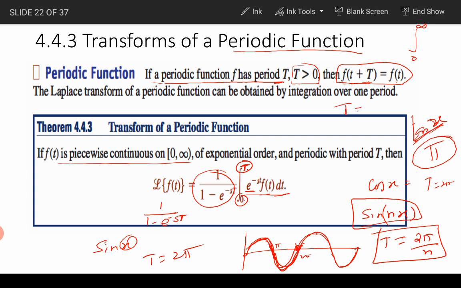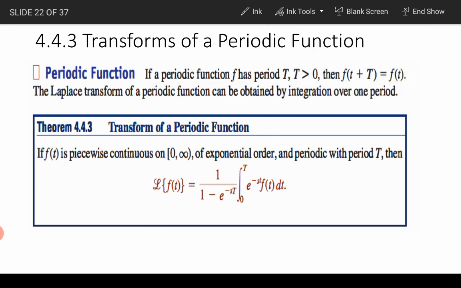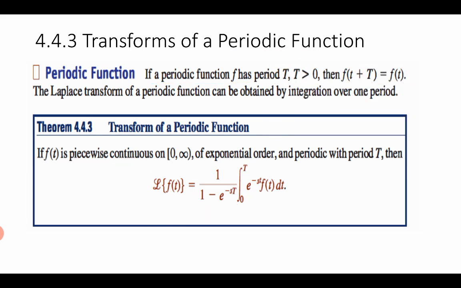That's what we are going to do in this chapter. So remember this formula, the same fundamental formula of Laplace transform, but instead of 0 to infinity, we write 0 to capital T. But there is a constant of 1 over 1 minus e raised to minus sT. So this term is independent of small t. There is no small t. So integration will not disturb this one.